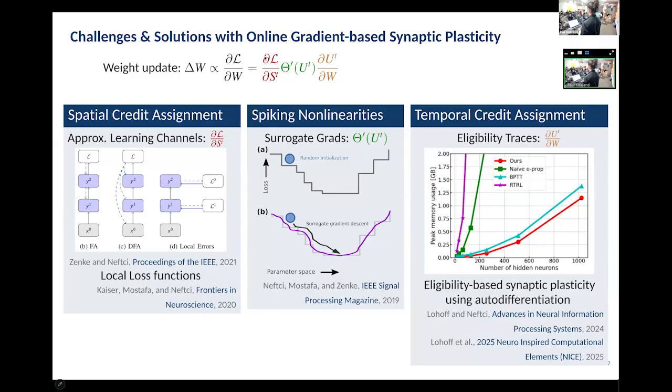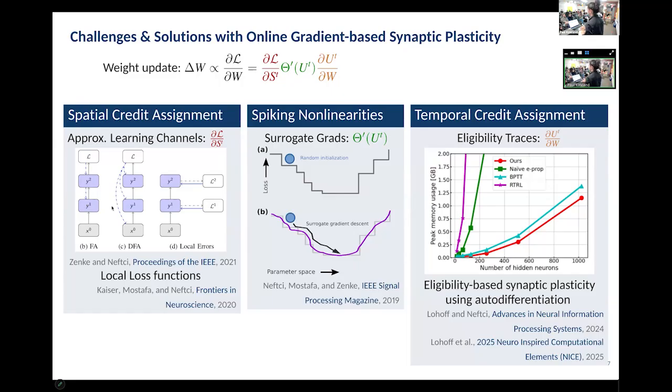If you want to get the gradient of the loss with respect to the outputs, you have to backpropagate through the whole network, which is the usual spatial credit assignment problem. There's no easy way to solve it in a local fashion. You typically have to have some weight transport.